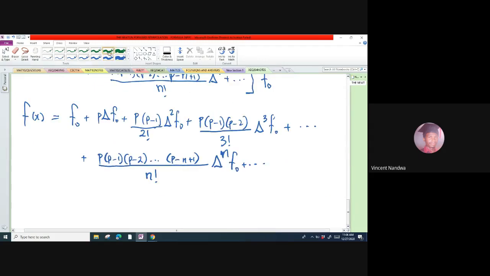So therefore, this formula is what is called the Newton forward interpolation formula.